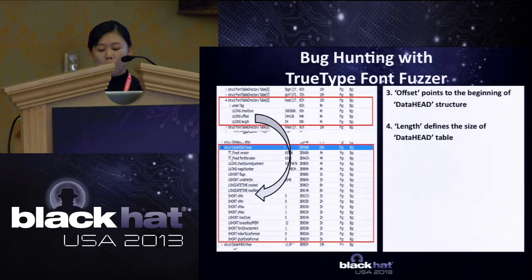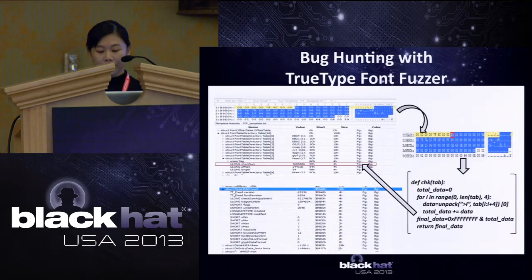The offset values should always point to the beginning of the data structures, whereas the length value must always equal the size of the data. Therefore, during the fuzzing process, changing any data location or contents should always update the particular offset and length values under the font table directory.